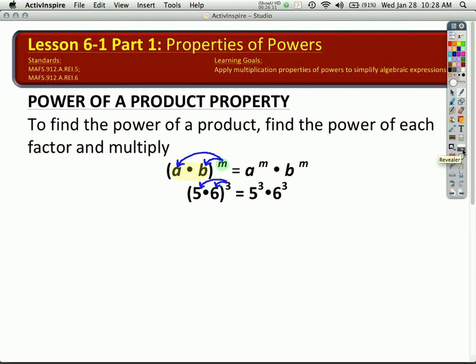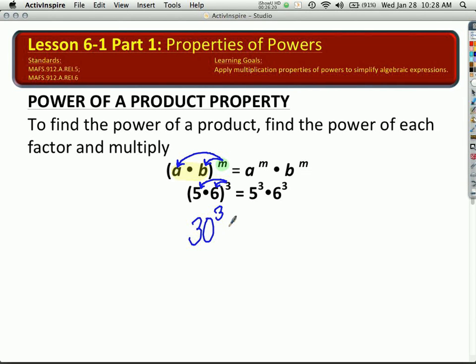Okay, so that's what we're going to do right now. So what's 5 times 6, Catalina? Okay, so this really says 30 to the third power. And this says 5 to the third power times 6 to the third power.